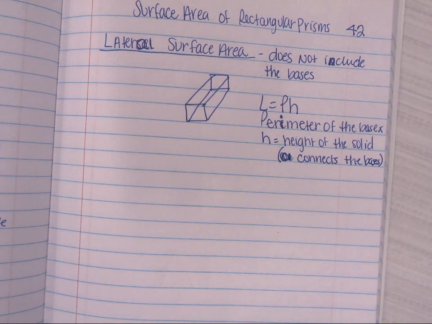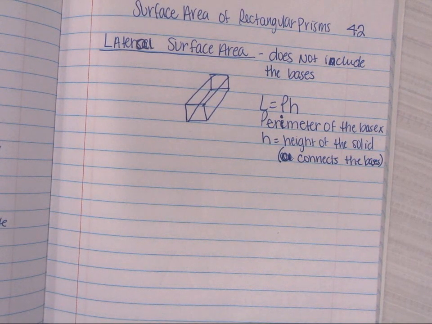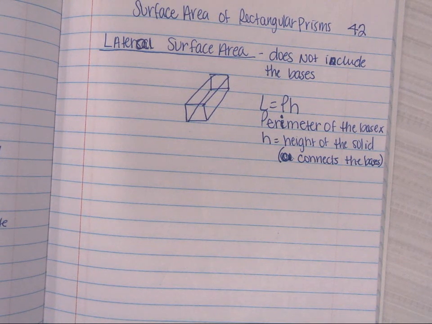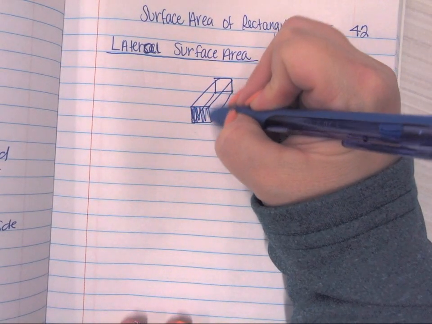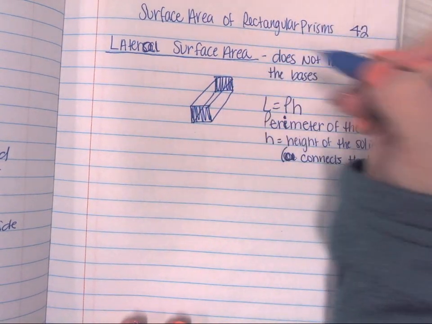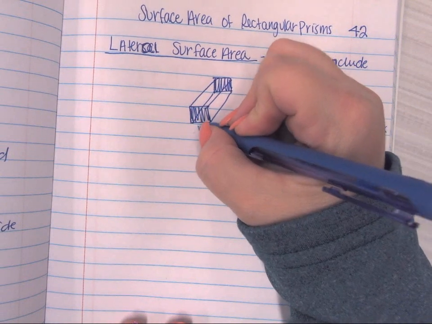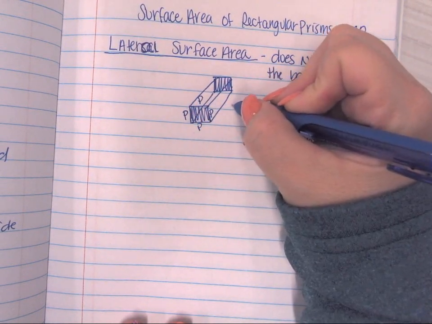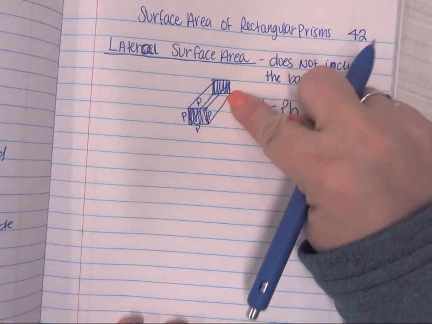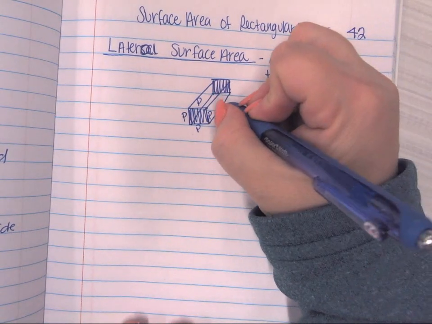It's the thing that connects the bases. So your big P, you have your bases. These are our bases. We're going to find big P, the perimeter of that base, and then the side that connects the bases is your height.